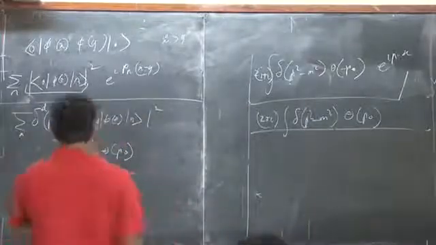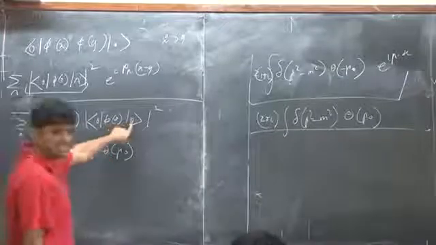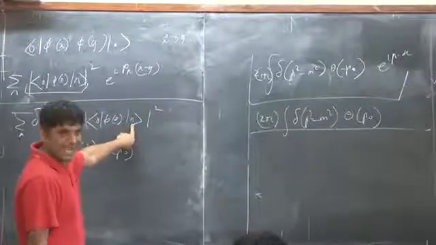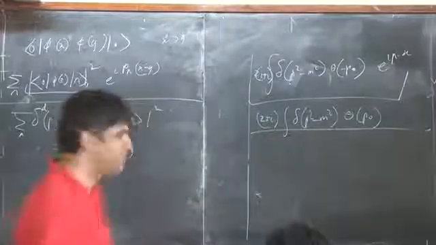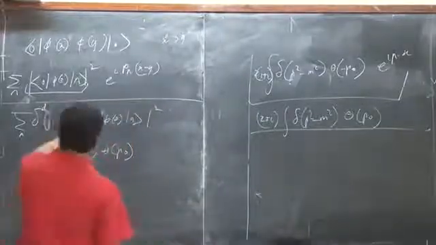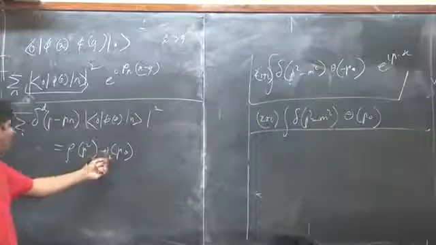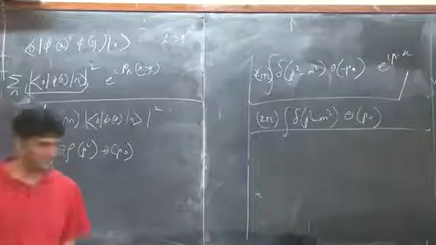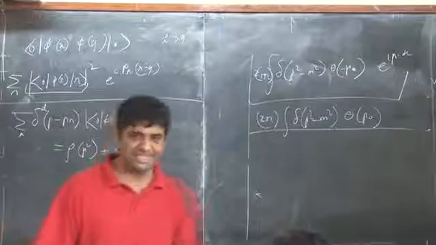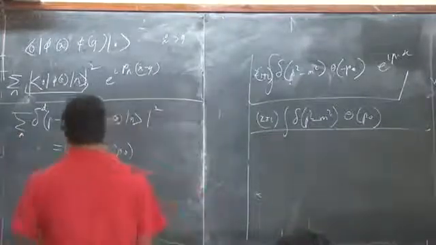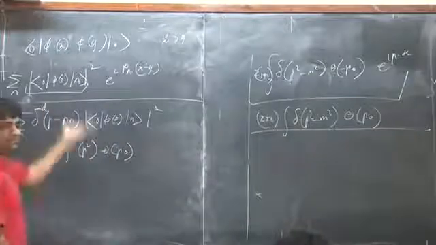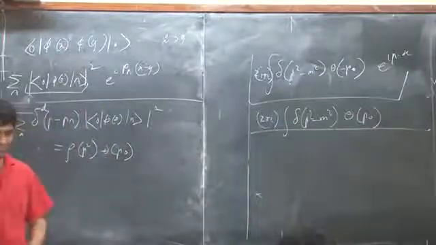Because P0 is the energy of physical states. Physical states are always defined to have energies greater than 0. This quantity only has support when P0 is greater than 0. Okay, that's why there's this theta of P0. And this quantity, whatever it is, is some function of P squared because of Lorentz invariance.